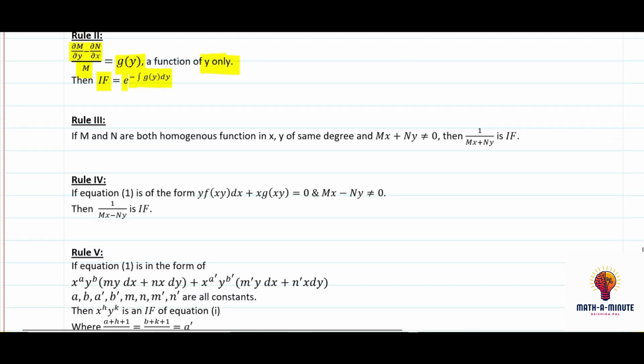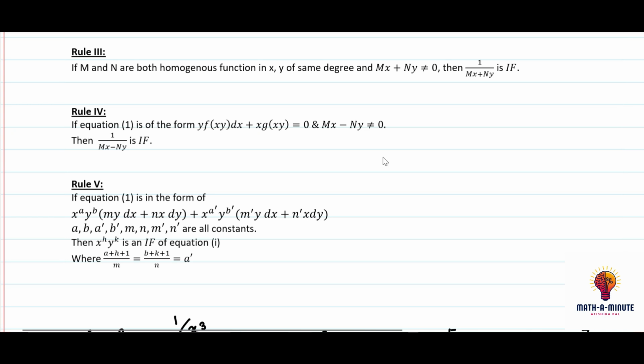The third rule is if M and N are both homogeneous functions in x and y of the same degree, and also Mx plus Ny is not equal to 0, then the integrating factor is 1 by (Mx plus Ny).